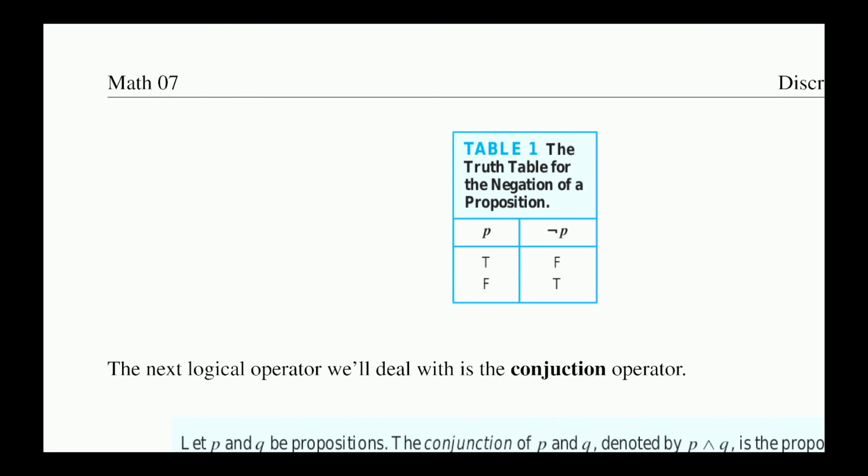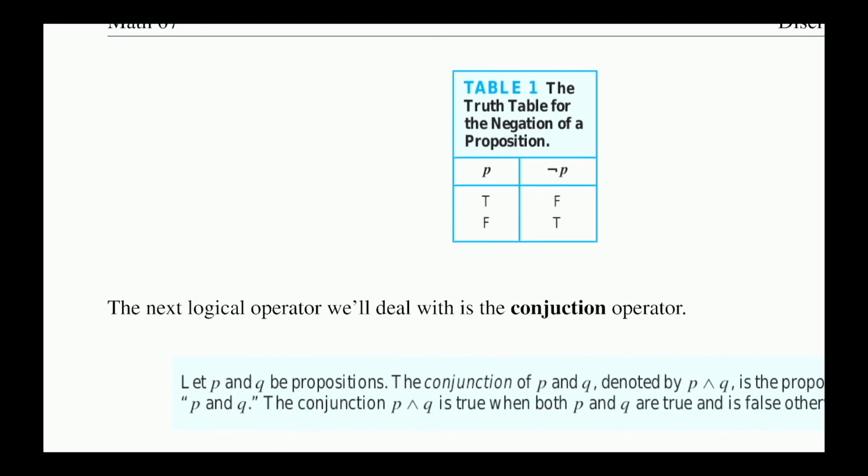Now, truth tables actually don't make very much sense when you're talking about the negation operator. They really start to make sense when you have compound propositions involving multiple propositions, right?